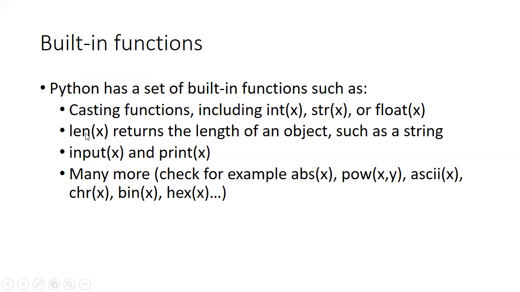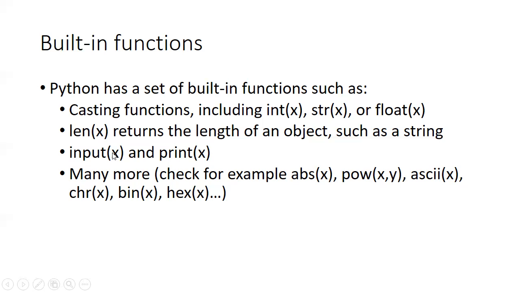With len, you put in a string. So here x is a string, and that's the input. What len returns is an integer, which is how long that string is, how many characters in the string. Input, you've seen this before, the x there is also a string.